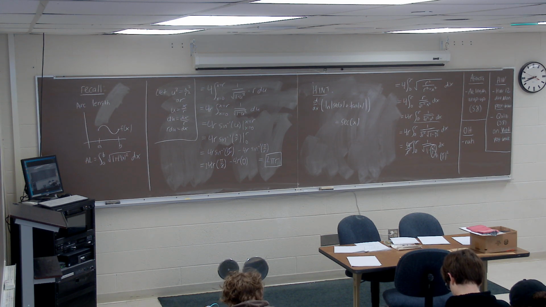I think you're looking at pi over 6, because pi over 3 actually has a cosine of 1/2 and a sine of square root of 3 over 2, not the other way around.